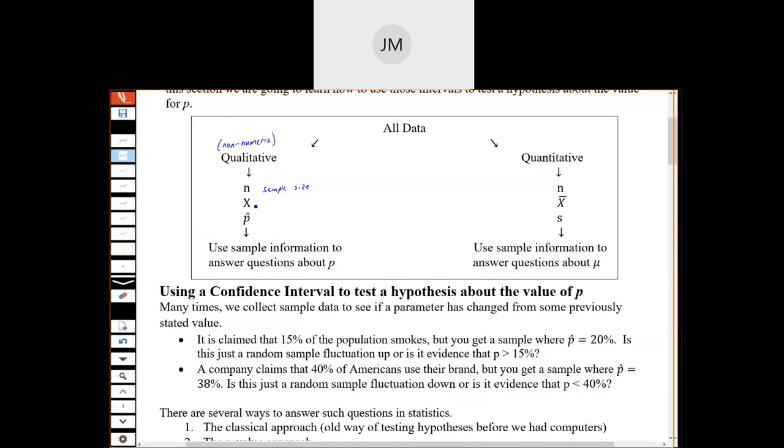X is going to be a random variable that counts how many yeses that we have. And p hat is going to be the variable that gives us the proportion or percent of yeses.